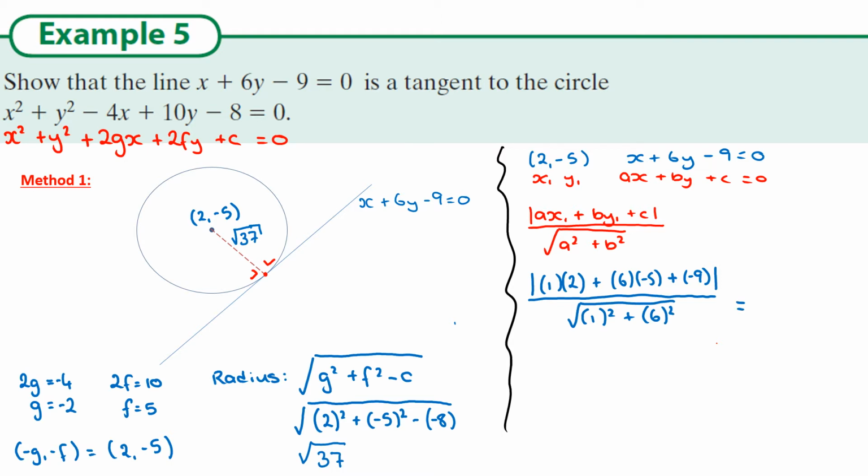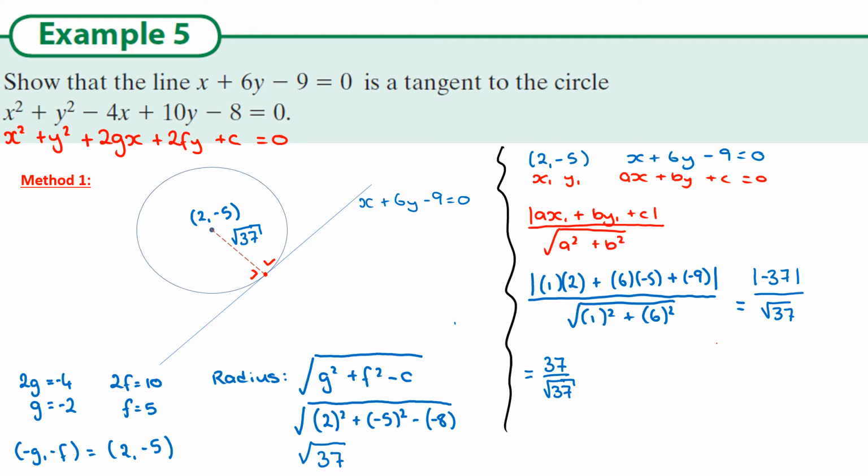And when we do that, we get the absolute value, or modulus, of minus 37 all over the square root of 37. Now, the absolute value, or that modulus, means you have to take it as positive, so that's the same thing as 37 all over square root of 37.